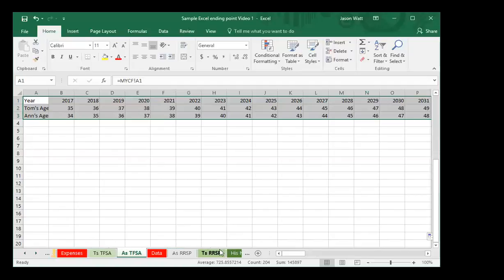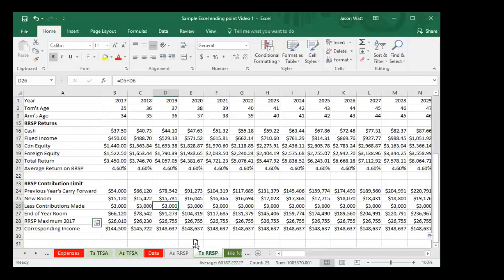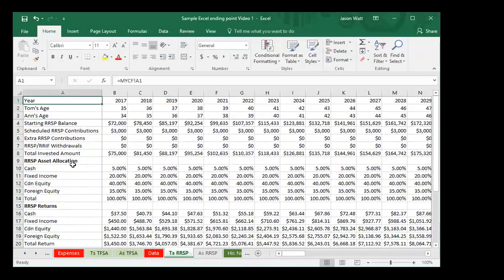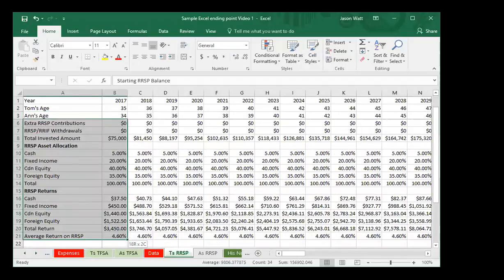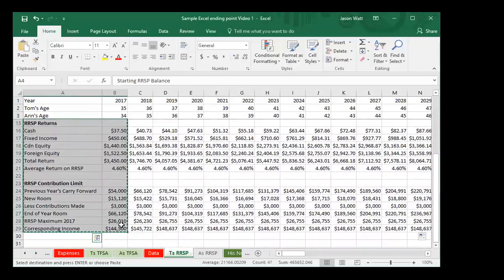I was actually pretty happy with how our RSP sheets worked out. So I'm trying to move that sheet over. There we go. And as such, I'm actually going to copy all of my first two columns here. And there will be some modifications to make, but we're going to bring those over.